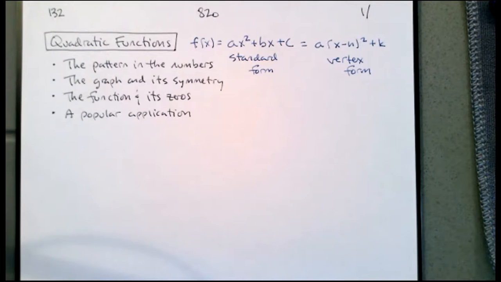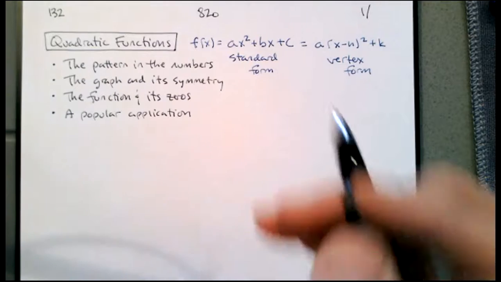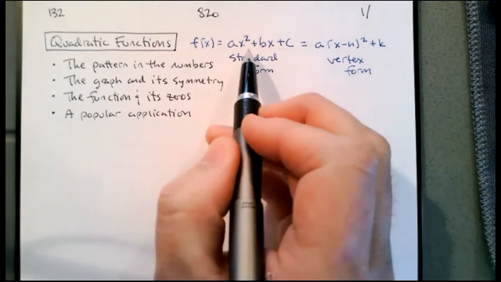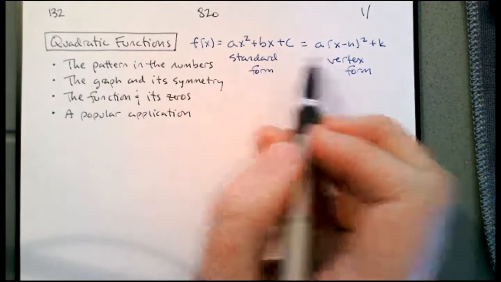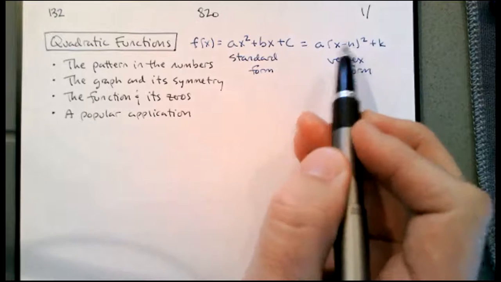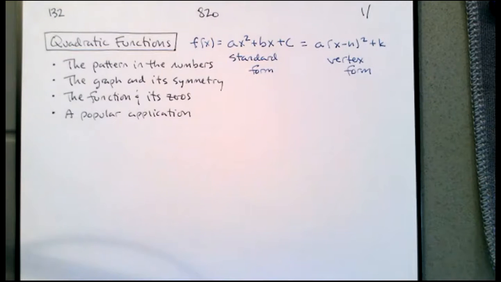The two forms communicate different sets of information. Notice that the standard form has an x and an x squared term, and in the vertex form, all the x and the x squared terms are tied up in this x minus h squared. That's often useful for us. But we're conveying the same information, just in a different form.